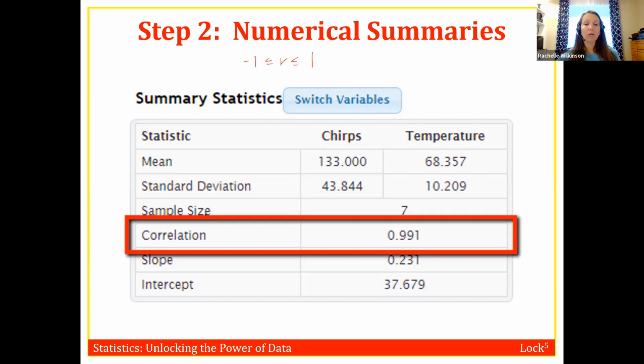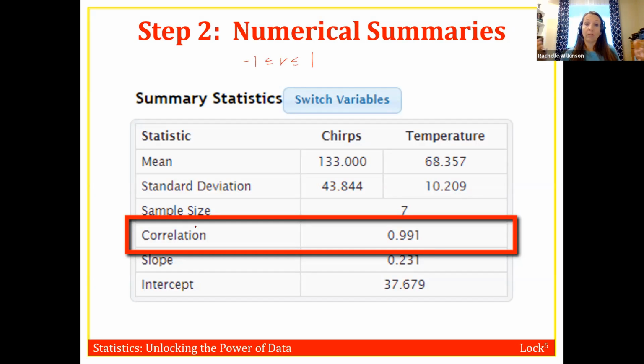And thinking about correlation, would you say that correlation is resistant or not resistant? Yeah, correlation is definitely not resistant. So remember, resistant means that it's not as affected by outliers. So if it's not resistant, that means that it is affected by outliers. And correlation, if you remember back from chapter 2, is highly affected by outliers.